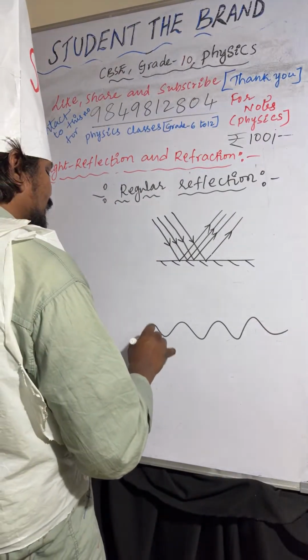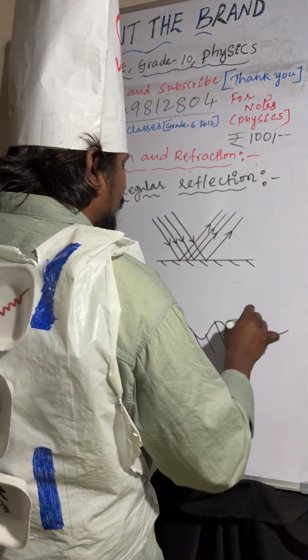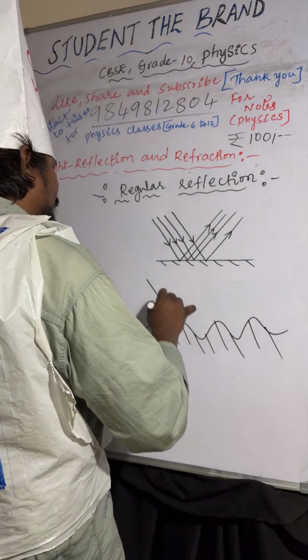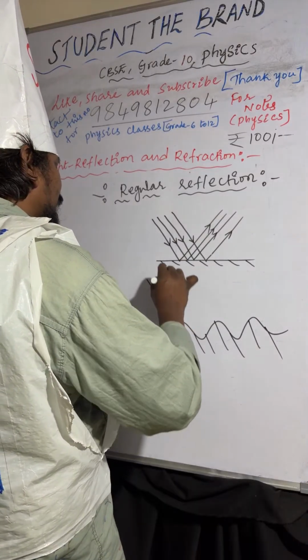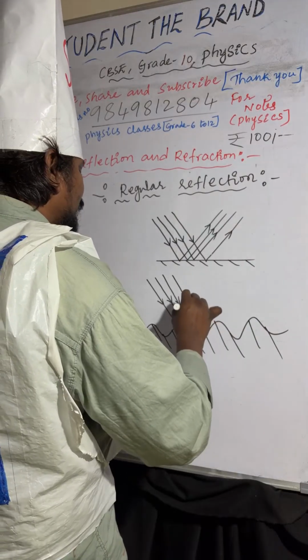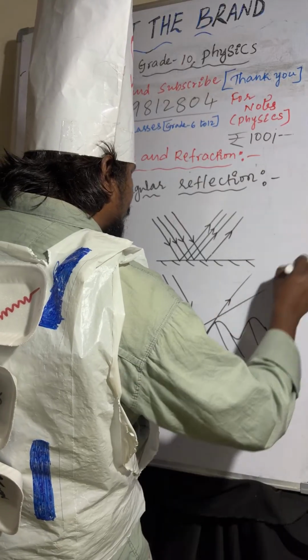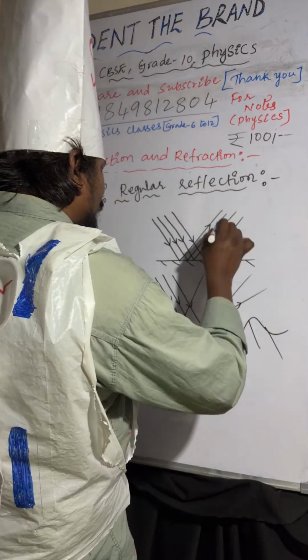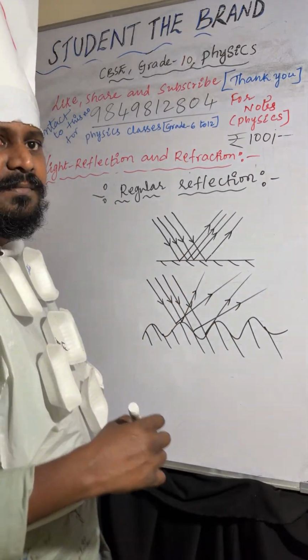So here you can observe, incident light rays are parallel, but reflected light rays are not parallel to each other. These light rays will move in different directions.